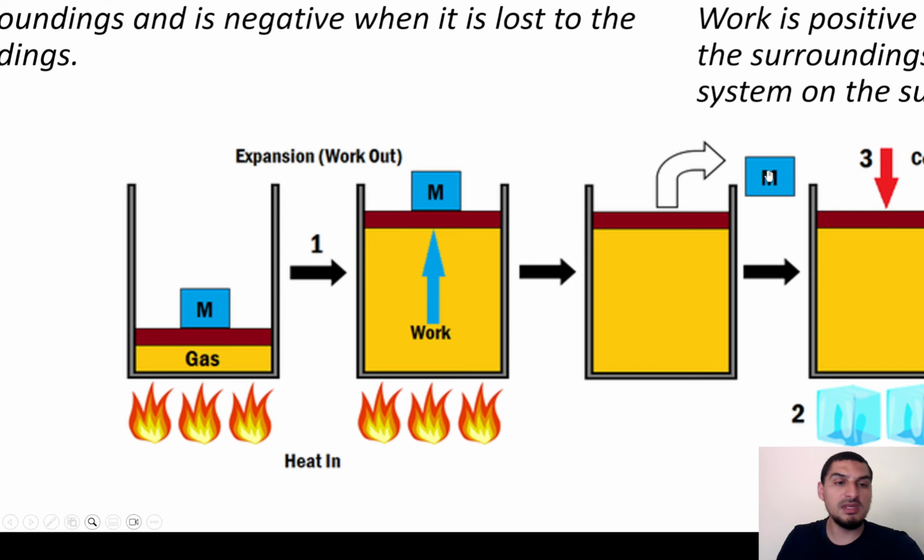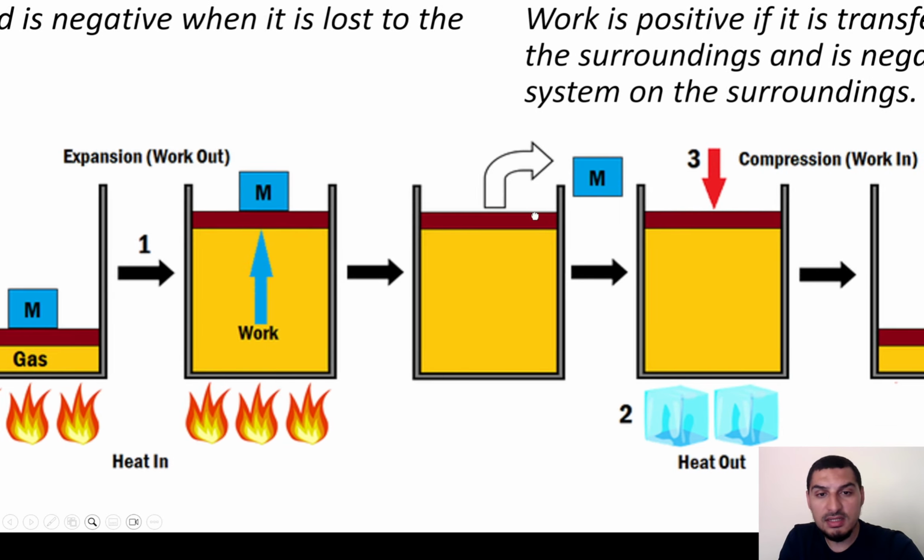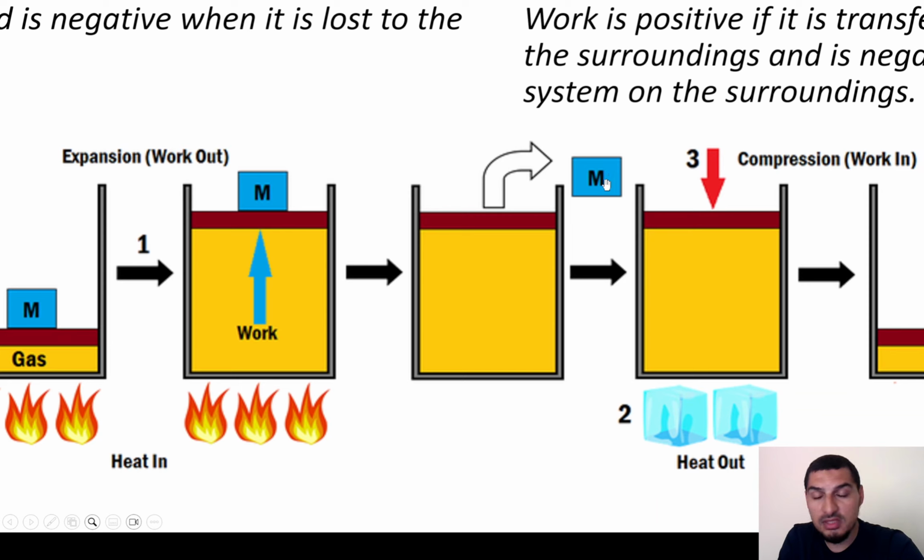Here we have the mass removed from the piston, so this work is removed. We don't have any motion on the boundaries of the system, so this is not considered work.